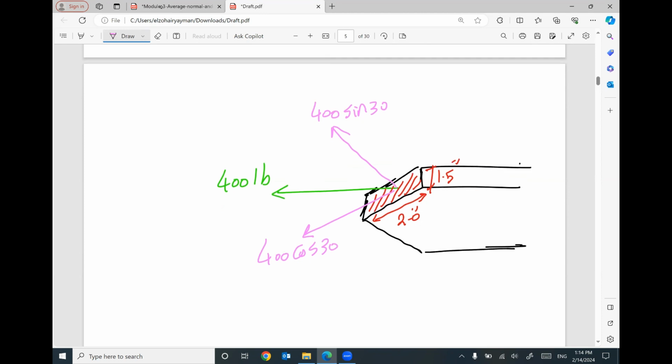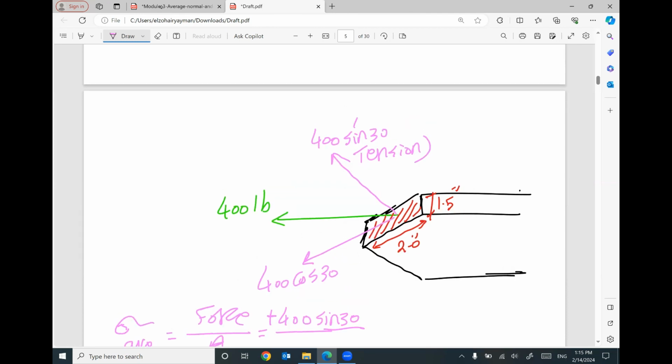So the average normal stress equals the force divided by area. The applied force perpendicular to this cross section is 400 sine 30, which is positive. Pulling, not pushing, the cross section, so this one is tension.